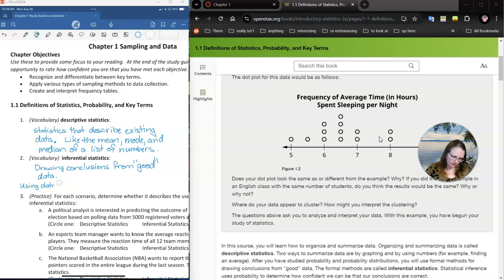Using data from the class sleep question to determine a possible sleep average for the whole school.